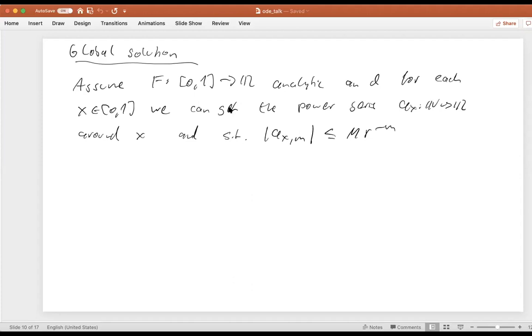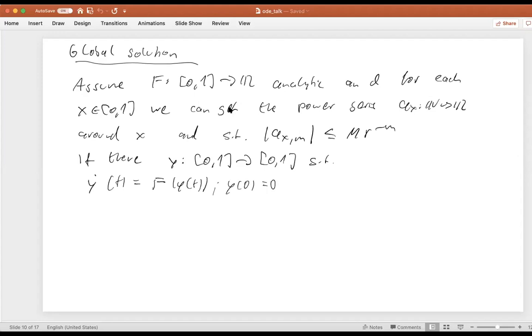And we assume that there's some solution from 0 to 1 that solves the initial value problem. Then we can use this local solution algorithm and iterate it stepwise until we reach any point.